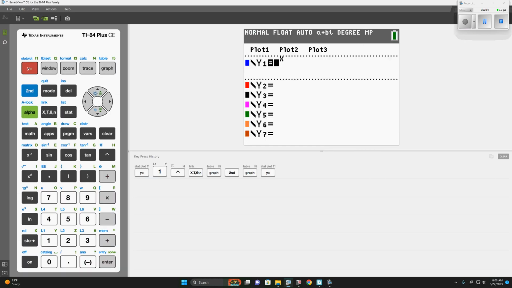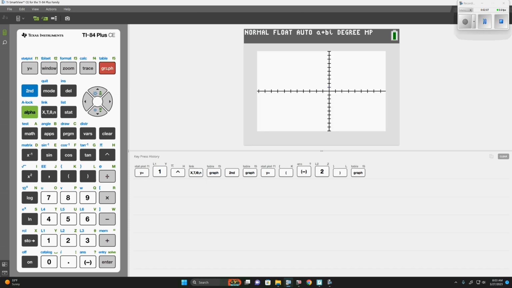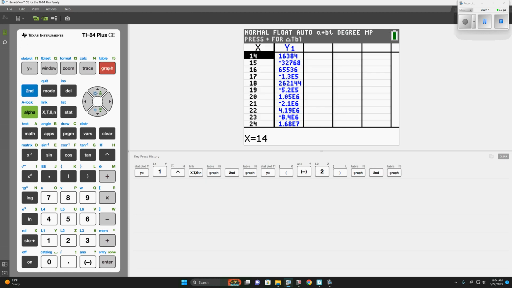Because if we took, say, negative 2 to the x and graphed it, we get this here. Now, it doesn't show us a graph because it's not necessarily a function. It's not a continuous function for sure. Because if we look at the values, so at 0 it is 1.